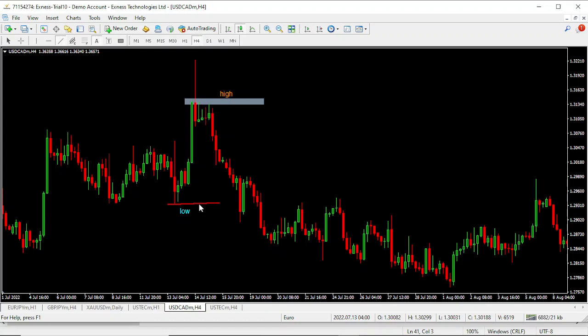Let's see what the market goes on to do. Because this one is in a downtrend, that means we're gonna be making lower lows. See, the market is making lower lows.